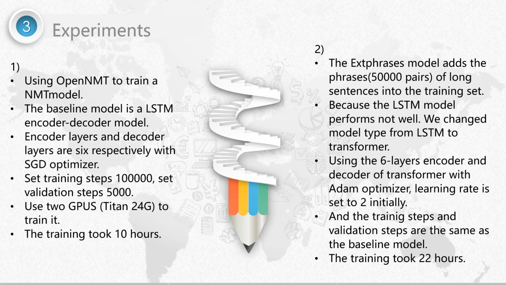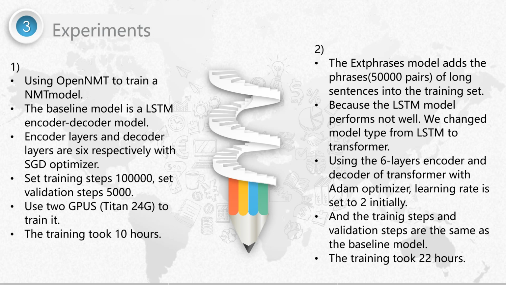The baseline model uses OpenNMT to train an MT model, which is an LSTM encoder-decoder model, which has 6 layers of encoder and decoder respectively with SGD optimizer, and we set the training steps to 100,000 and the validation steps to 5,000.